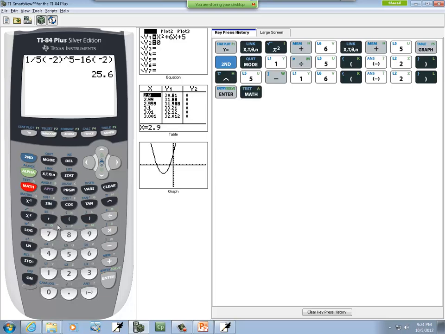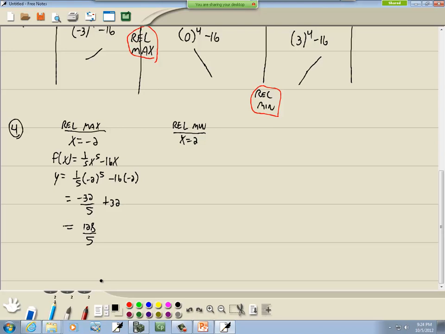And then I do math, enter, enter to change it to a fraction form. So we got 128 over 5. So my math was correct. And our relative max is at negative 2 and 128 over 5.